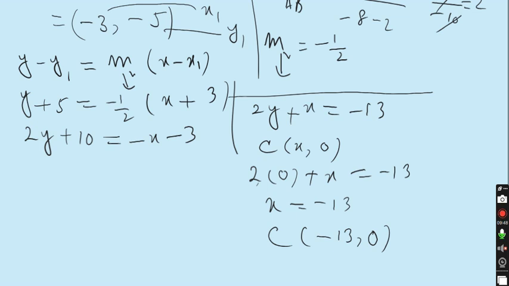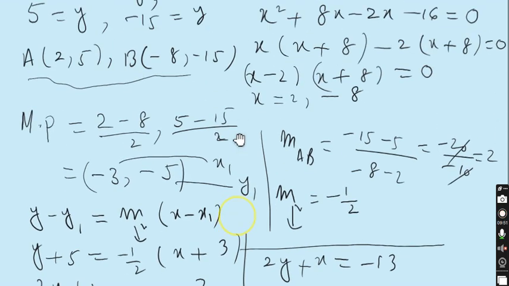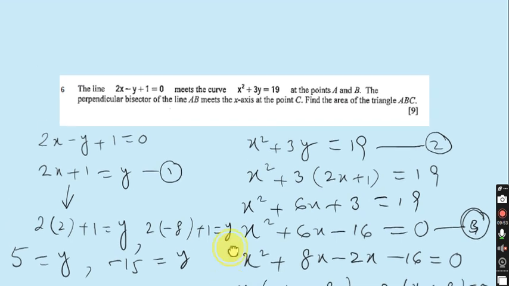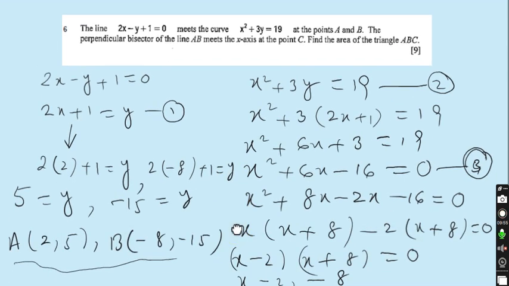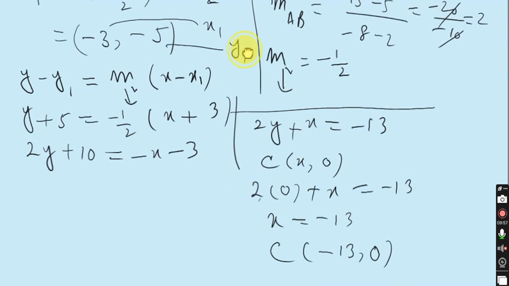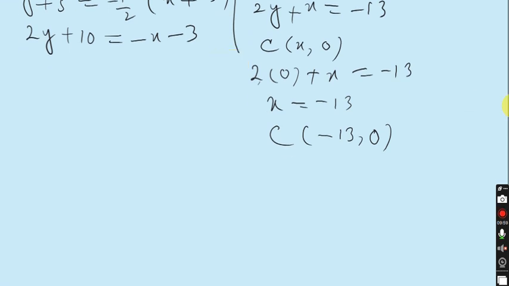Now see the question again. Find the last line, find the area of triangle ABC. So we should have the coordinates of A, which is (2, 5). The coordinate of B, which is (minus 8, minus 15).